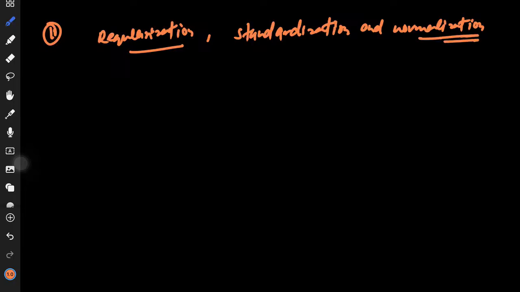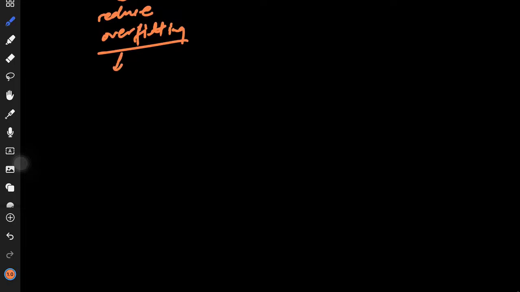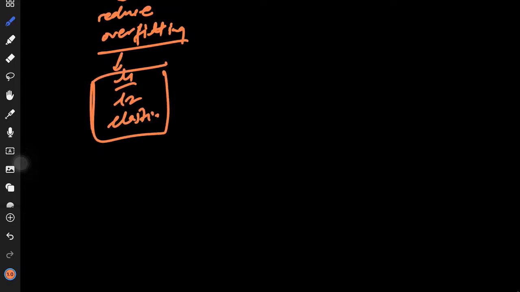These are various techniques. Regularization is used to reduce overfitting. Here we have L1, L2, then elastic net. These are the three techniques in regularization.